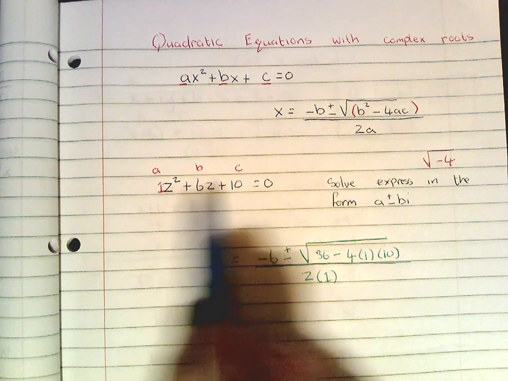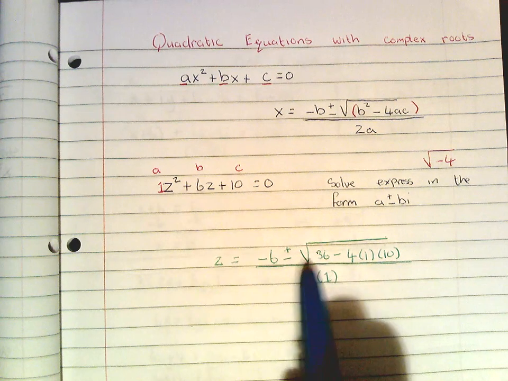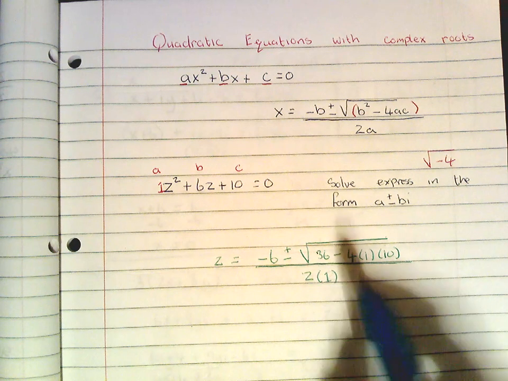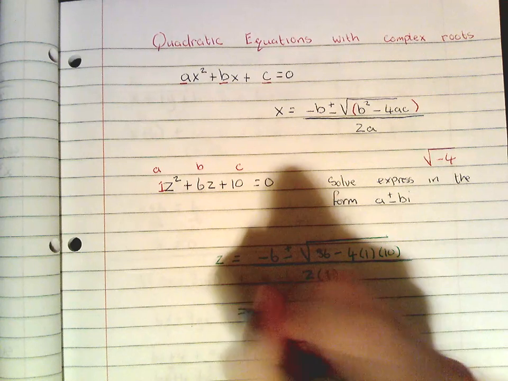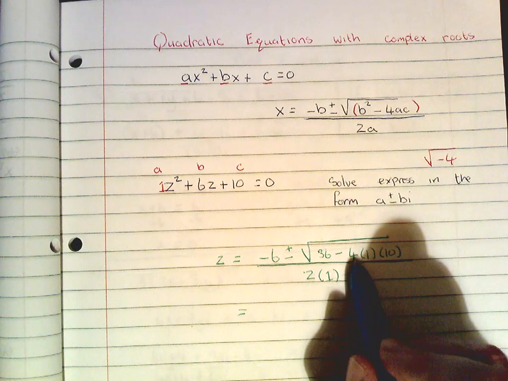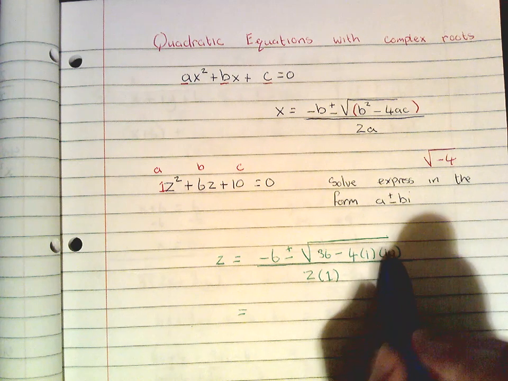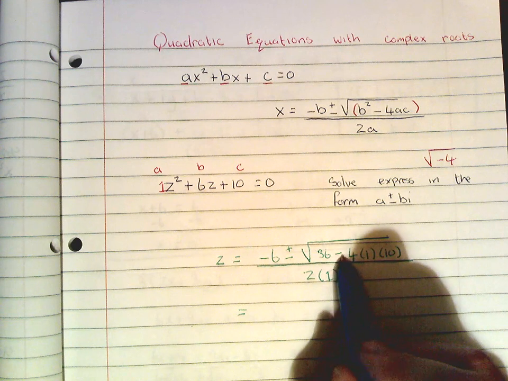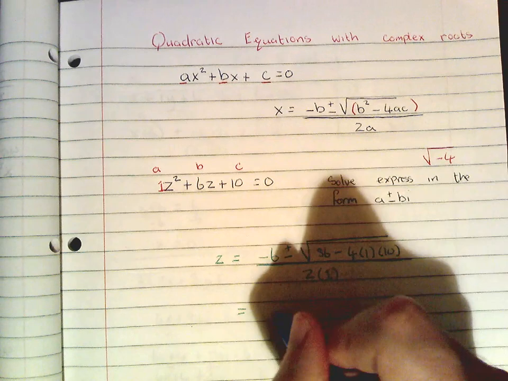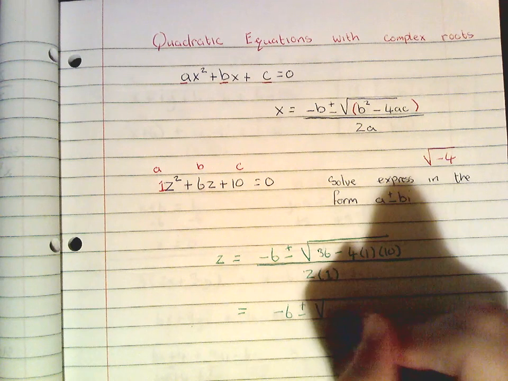So we take our quadratic here and we plug in the values, and now we can start to solve this. If we work this out, 4 times 1 is 4, and then 4 times 10 is 40, and 36 minus 40 is equal to minus 4. So this will simplify down into minus 6 plus or minus the square root of minus 4.